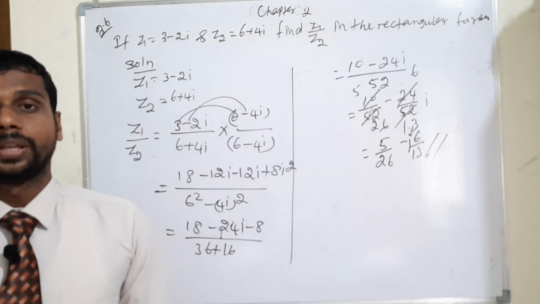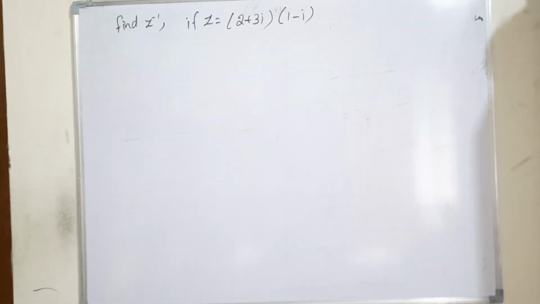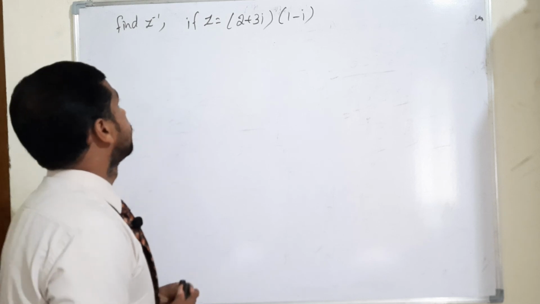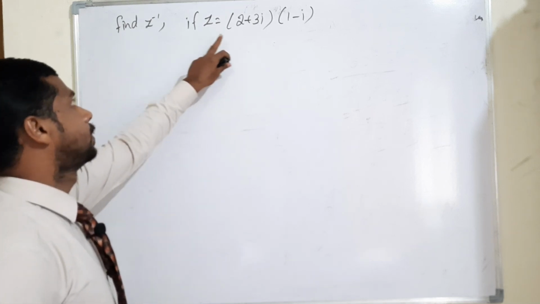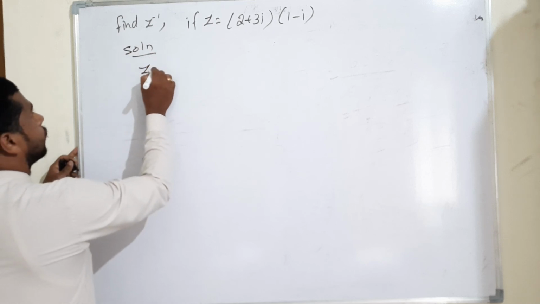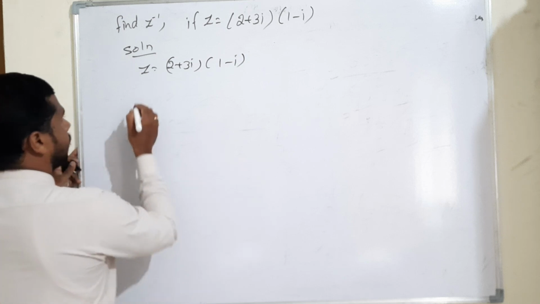Okay. I will continue with the next example, 2.7. What is the question? Find Z inverse. Solution: Z is equal to (2 plus 3i) into (1 minus i).